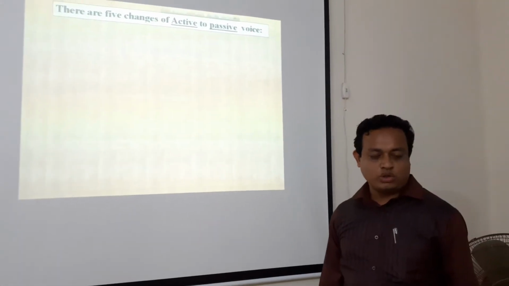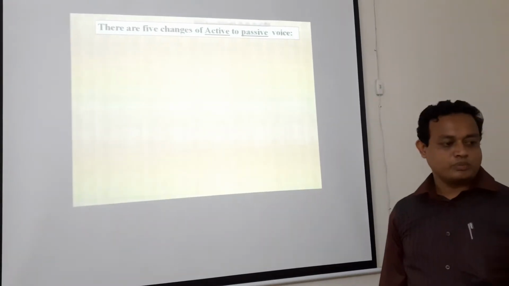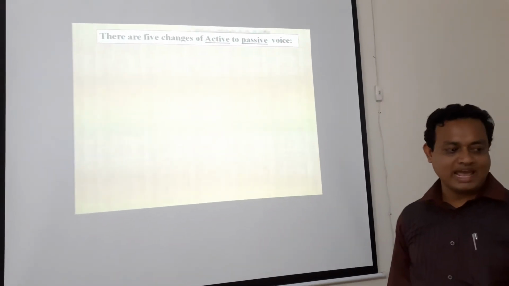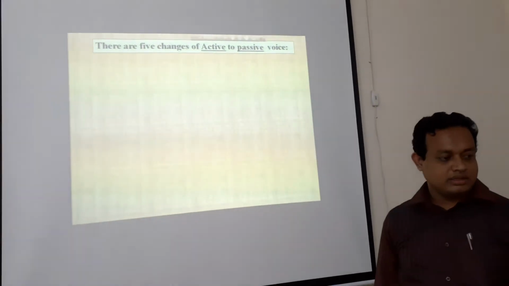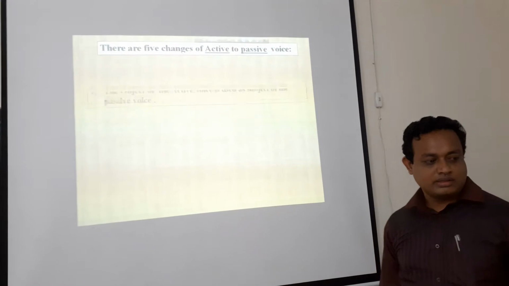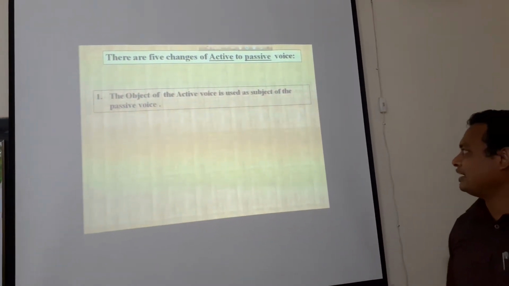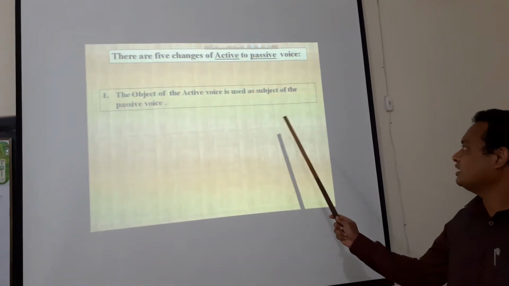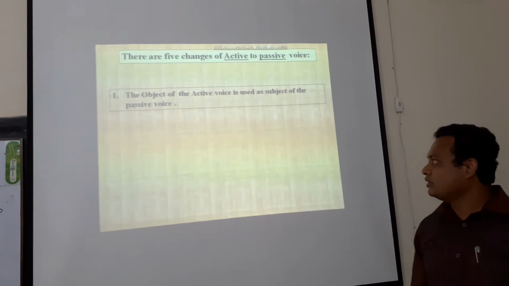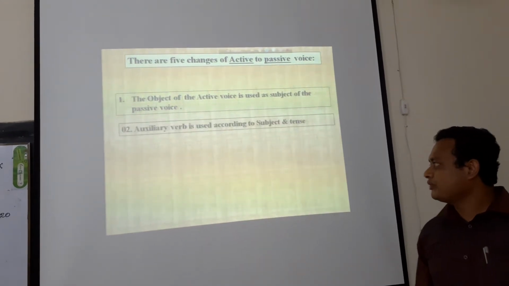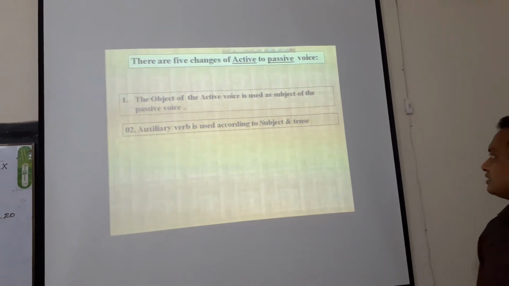If you want to turn active to passive, you will have to follow rules. There, the first rule, the object of the active voice is used as the subject of the passive voice. Rule 2, the auxiliary verb is used according to the subject and tense.